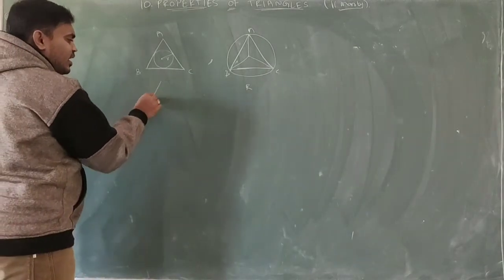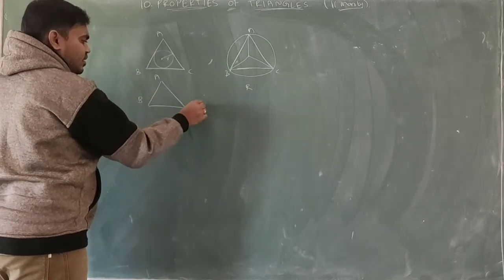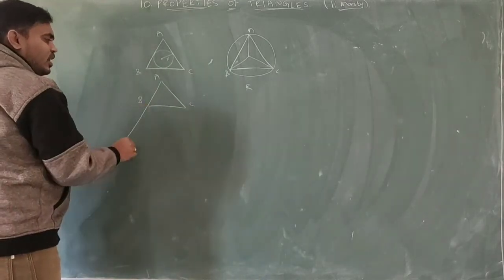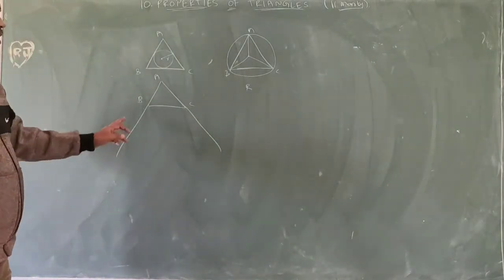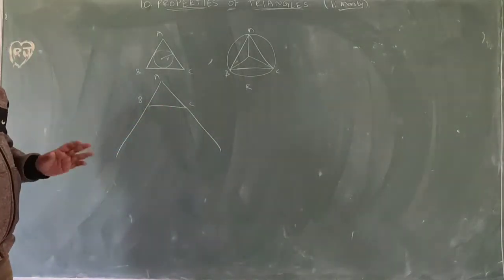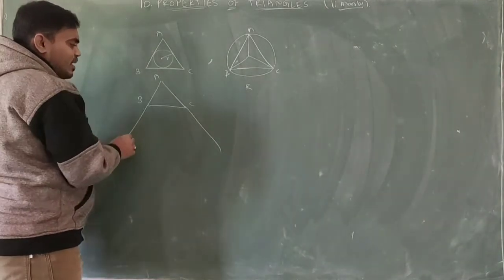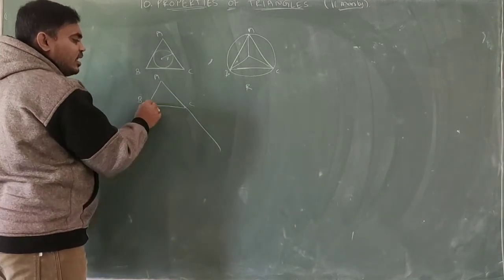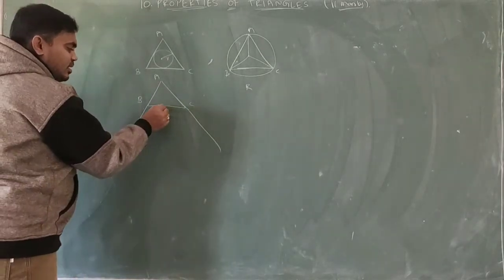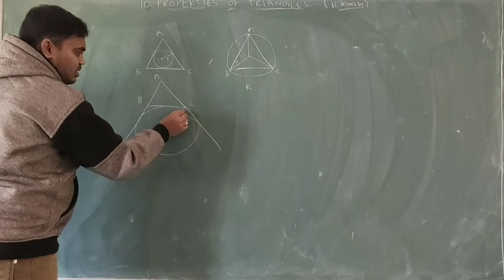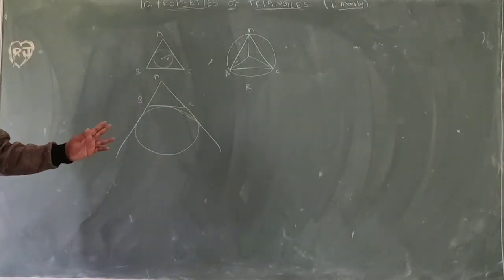Next, excenters and exradius. I am taking a triangle ABC. I produce AB and AC. I want to draw a circle which touches the extended line AB, the extended line AC, and BC. This circle is called an excircle.